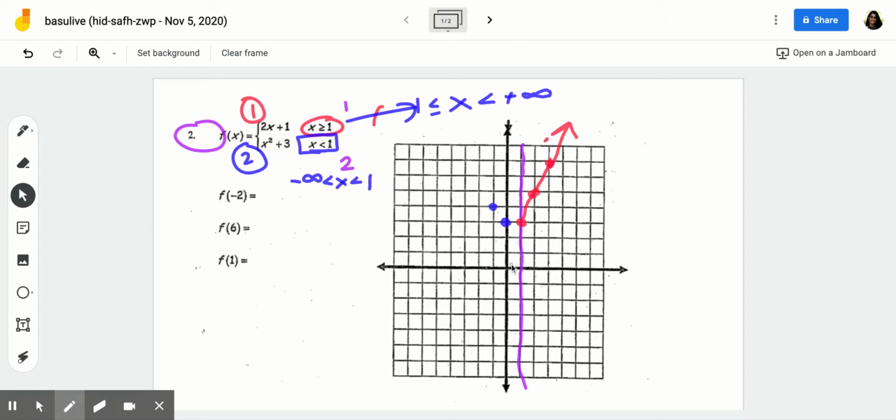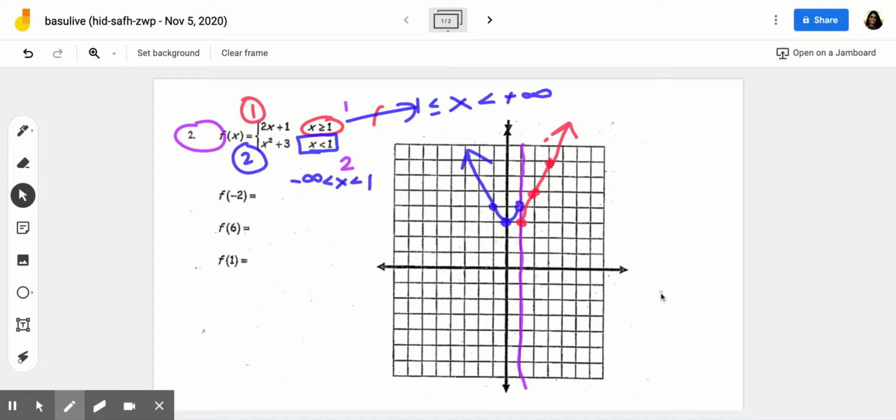Okay, and I'm going to mirror that on the other side. +1 squared is 1, 1 plus 3 is 4, open circle, open circle. So this is a parabola that looks like this, and it doesn't stop. And I could plug in some more points along the way to make it more correct.